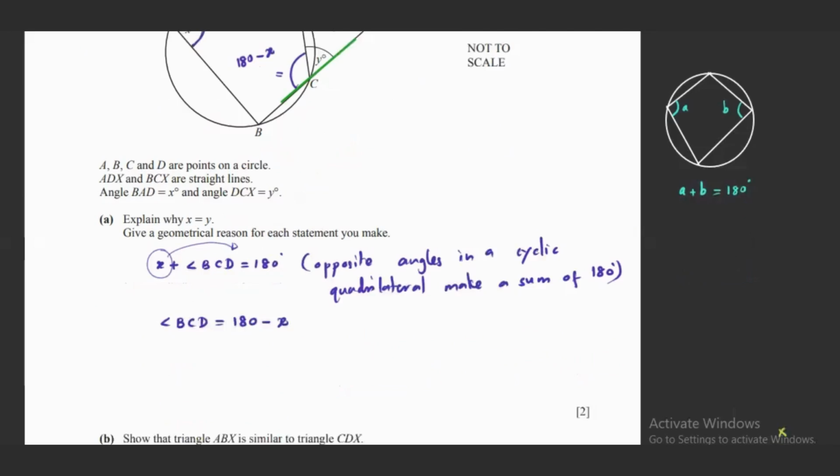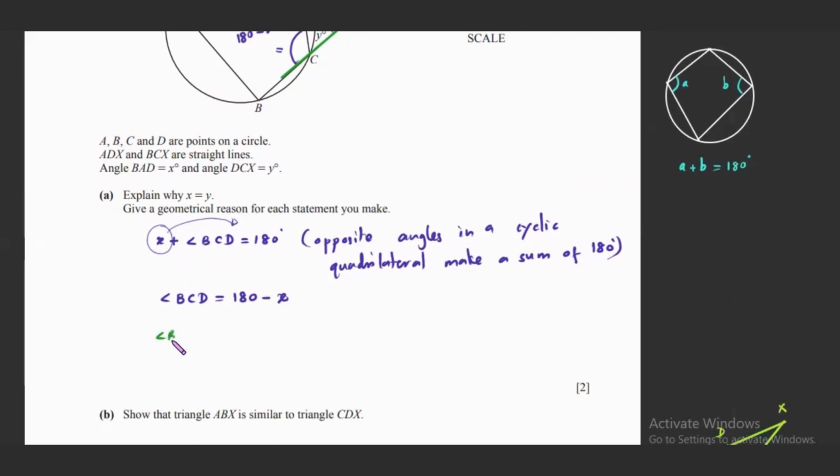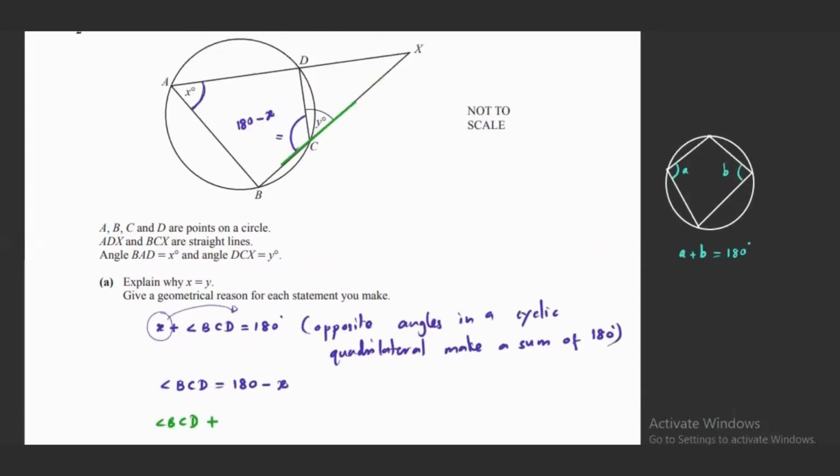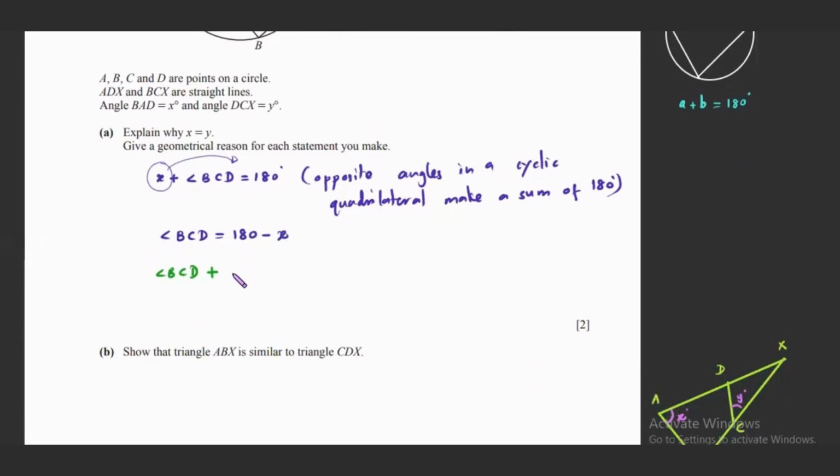So I can say that angle BCD plus this angle DCX is equal to 180 degrees, and the reason will be angles on a straight line.